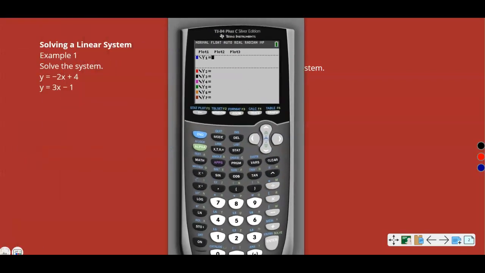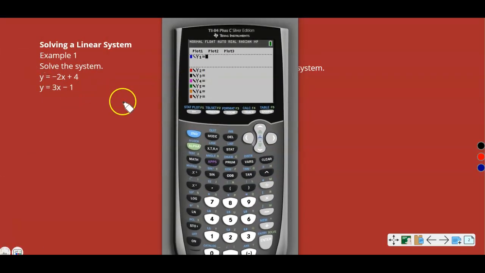All right, so if we have a system of equations, we're just going to graph both lines, and then we're going to find the intersection point. So I've got negative 2x plus 4, and then arrow down, and I need 3x minus 1.